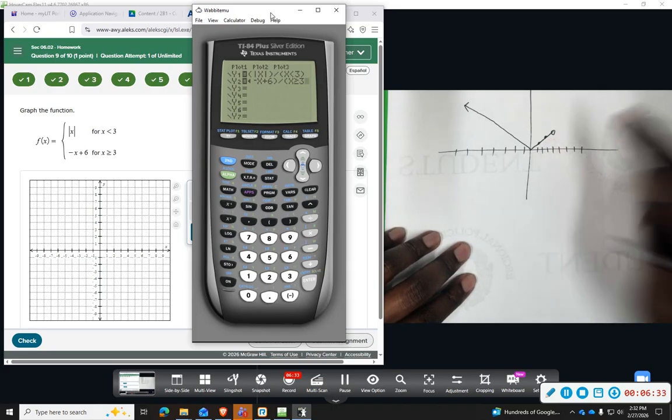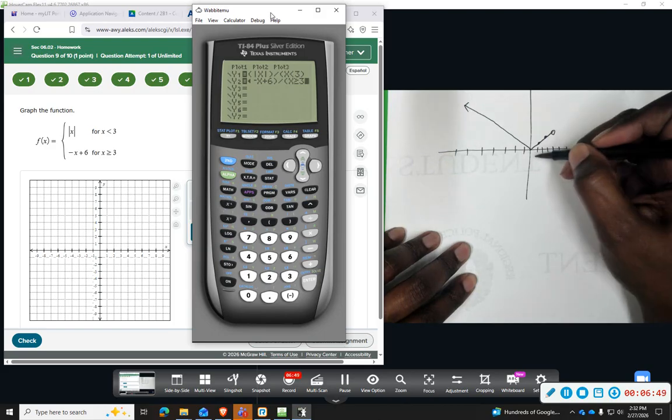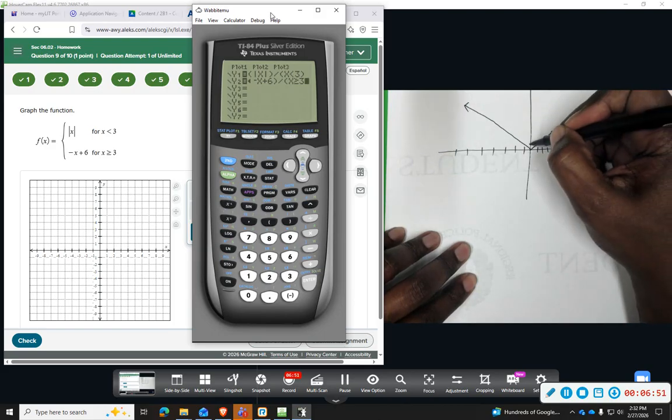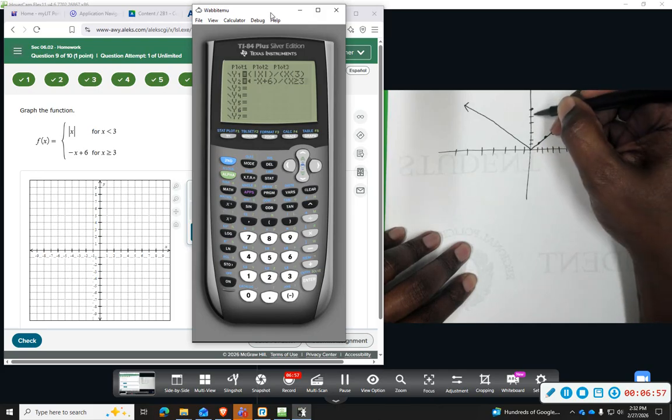Now the next graph is a linear expression, negative x plus 6. This graph would be just a linear function with a negative slope, but it picks up at x greater than or equal to 3. So if I was to graph this normally, I would be at 6. We would go down 1, right 1, no point. Down 1, right 1, no point.